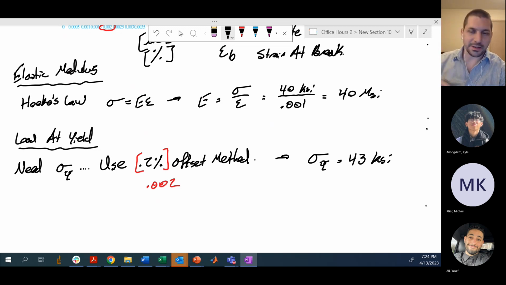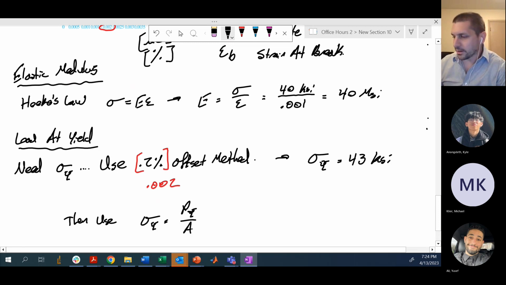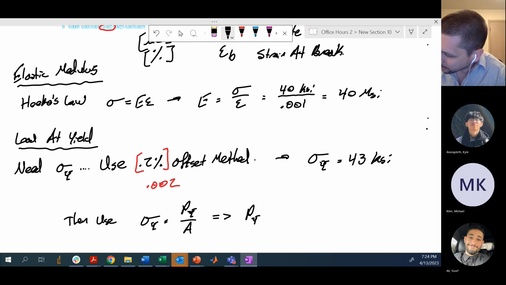Using the yield stress, I can then use the cross-sectional area to get the load at yield. So then we'll use that the yield stress is the load at yield divided by the cross-sectional area. Rearrange, we have load at yield is going to be the stress at yield multiplied by the cross-sectional area. We're told originally that the specimen has a diameter of 0.5 inches.